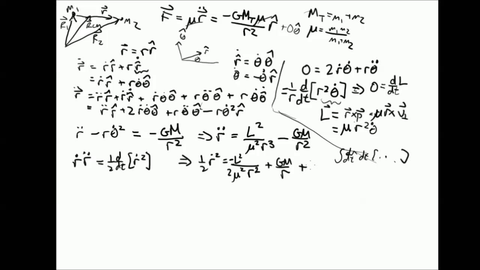And then plus a constant, which I'm going to call E, because it's going to be an energy. So I'll actually call it E over mu, just to emphasize that. So E is now actually an energy.